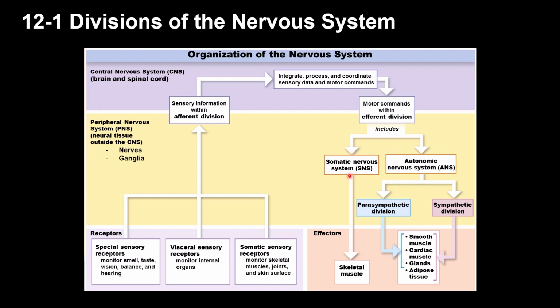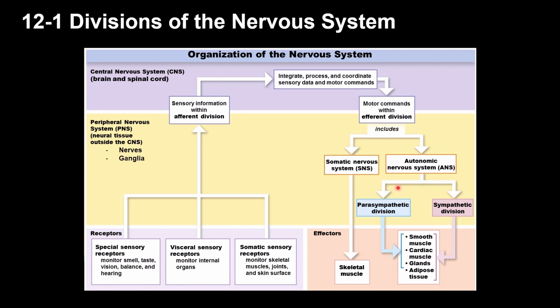Somatic is things that are conscious, and that is the skeletal muscle. For example, if you want to walk, write, or talk about something, that is the skeletal muscle. You consciously decide and you do that. The second one is the autonomic one, and the autonomic one is subconscious. So it is active even if you don't do any kind of activity.